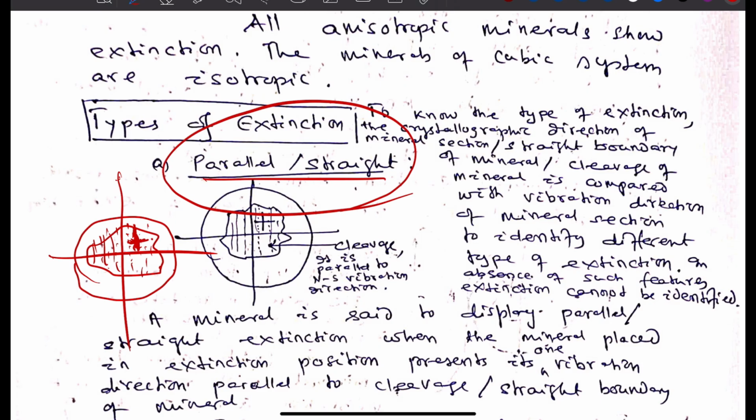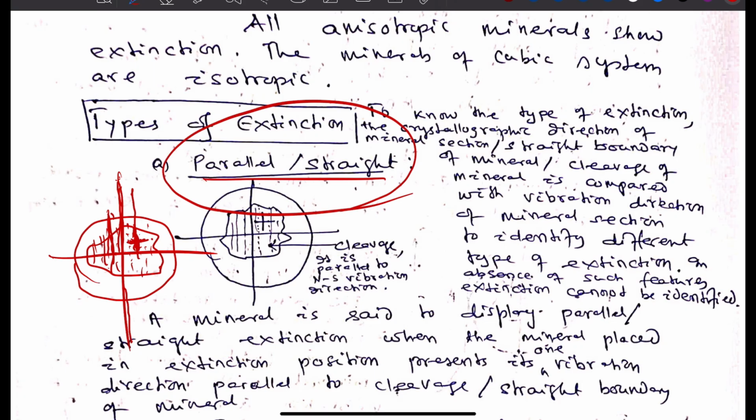So this is the position of extinction. And in this condition, the cleavages are running parallel to this direction. Cleavages, straight boundaries, direction of elongation, they are said to be the crystallographic directions. So the crystallographic direction and the polar direction match, and the mineral shows darkness.